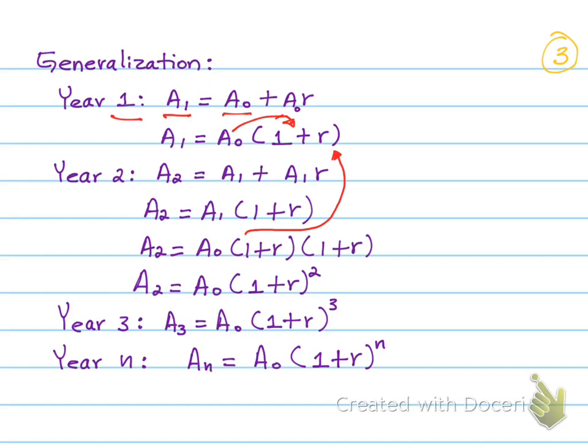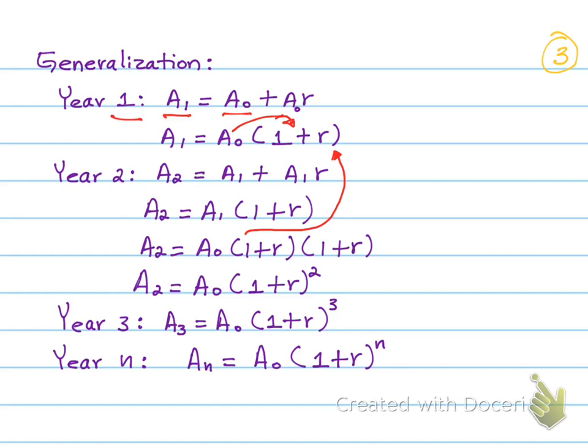In the next year, we have A2 is equal to A1 plus A1 times R. Again, we factor out A1, and we're going to have A2 is equal to A1 times 1 plus R. So that's the formula for the second year.